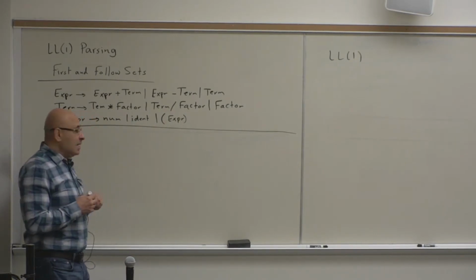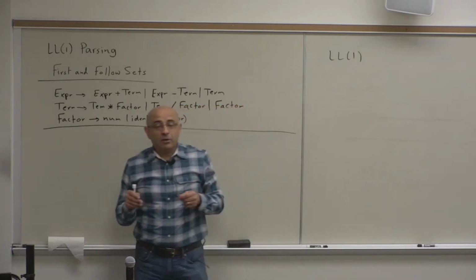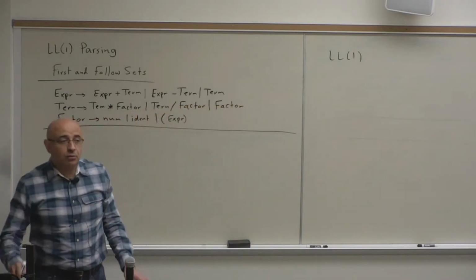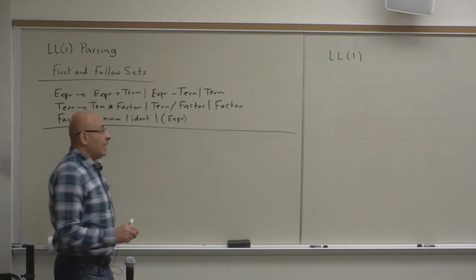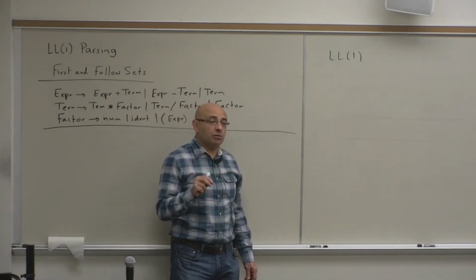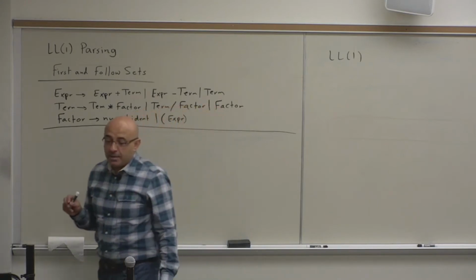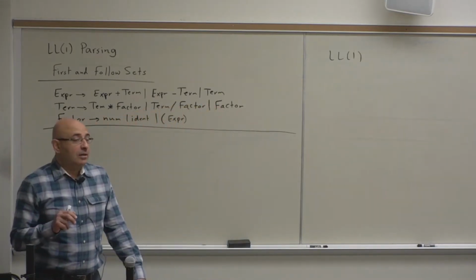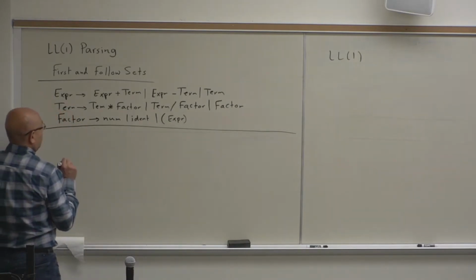But what's the key idea? What's the key property that you should have in order for LL1 parsing to work? In order to be able to determine at each step which production or which rule to use, what property must the grammar have? Well, okay, so let's first write the right recursive form before we answer this question.